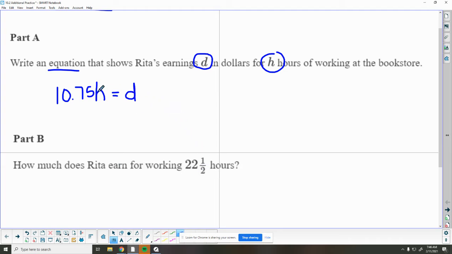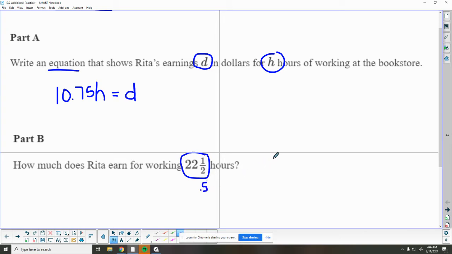So we're going to plug this in here. One thing I noticed is that $10.75 uses decimals, and this uses fractions. Personally, I would rather use decimals so I don't have to make them improper and change everything. This is really easy to change into a decimal. If I have half of a whole thing, that is 0.5.